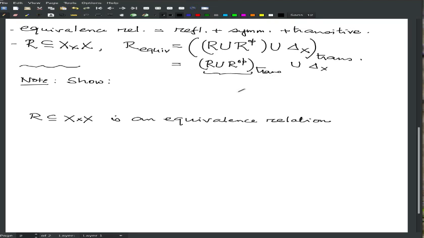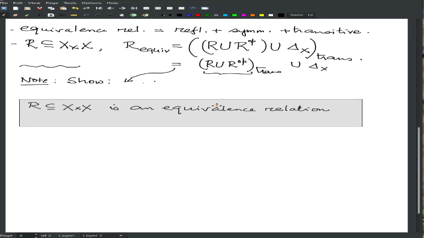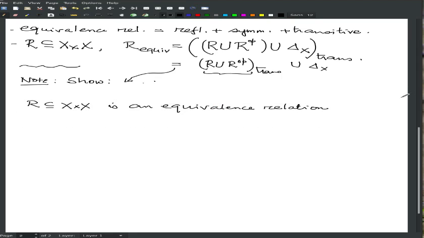The first part is symmetric from the inner one and transitive from the transitive closure. So show this equality. Actually, both are the same. That's a nice thing. So it doesn't matter how you do it.